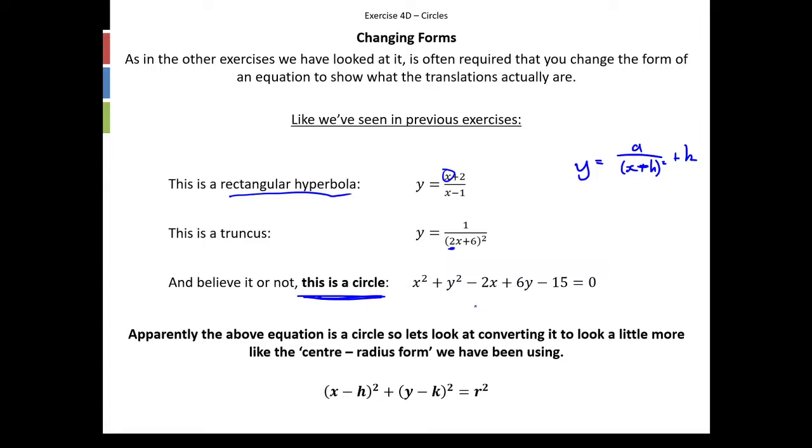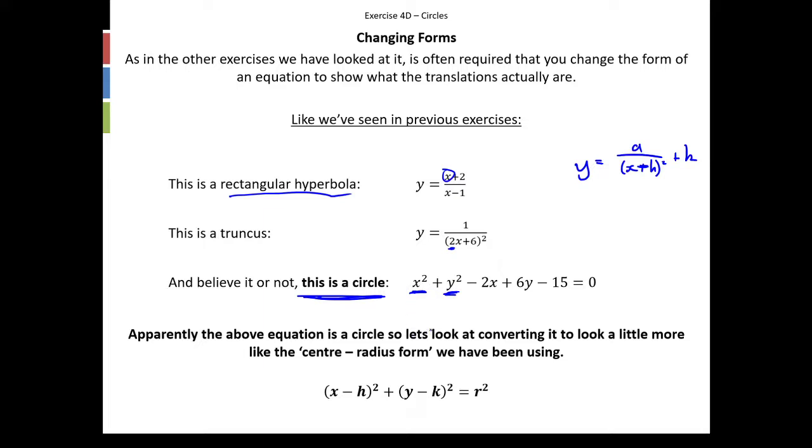How do you recognize a non-standard form of a circle compared to all of these others? We have an x squared term and we have a y squared term. As soon as you see an x squared and a y squared, you know it's a circle, and then we just have to get it to look like a circle.